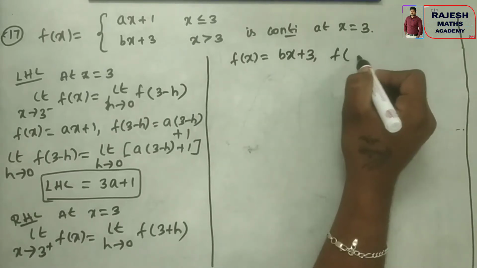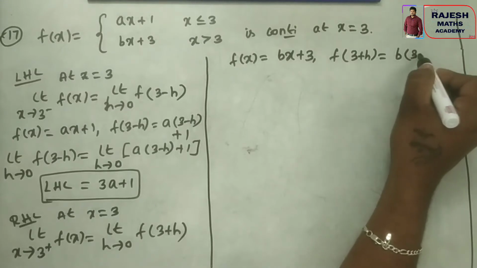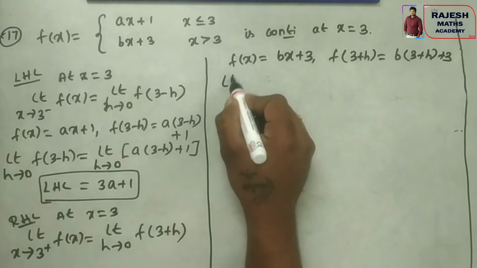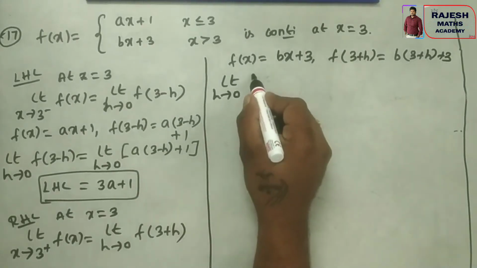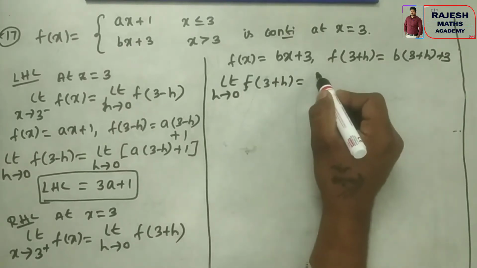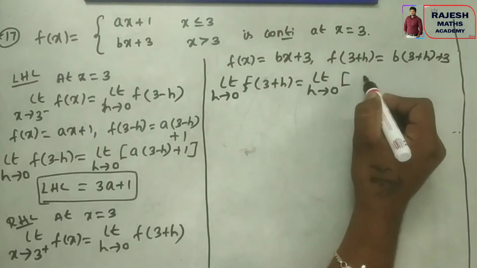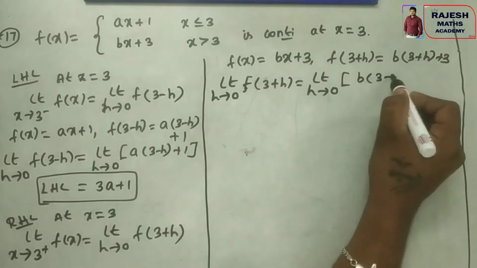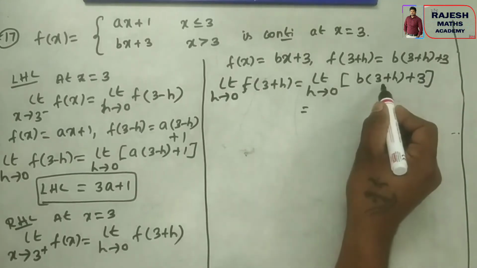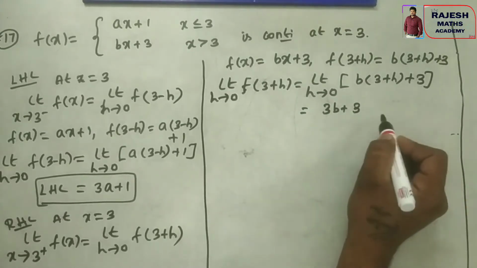So f of 3 plus h equals b of 3 plus h plus 3. Now apply the limit: limit h tends to 0 f of 3 plus h is b of 3 plus h plus 3. Applying h equal to 0, we will get 3b plus 3 as the right hand limit.